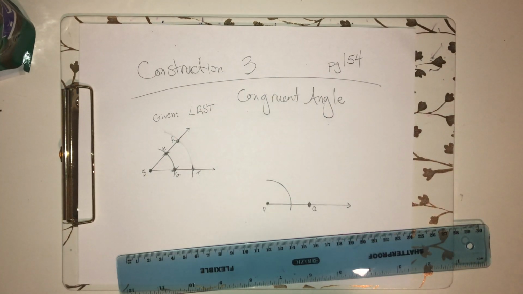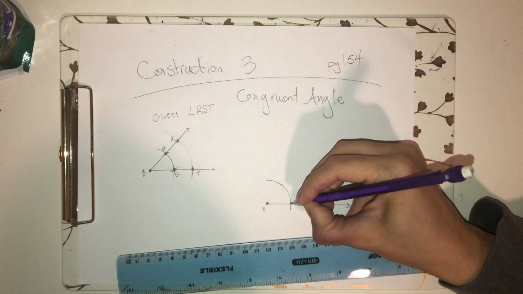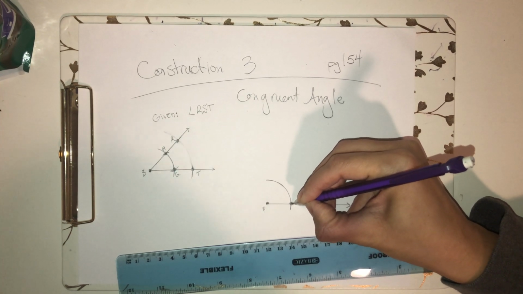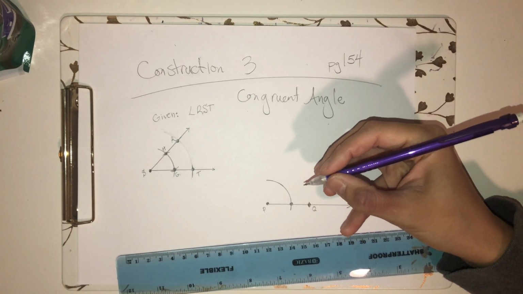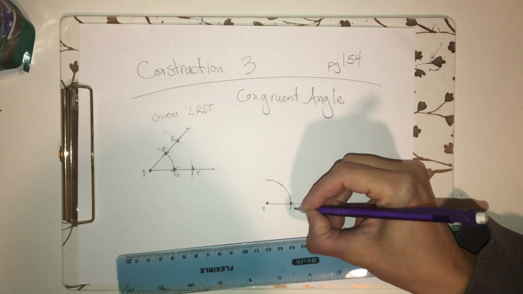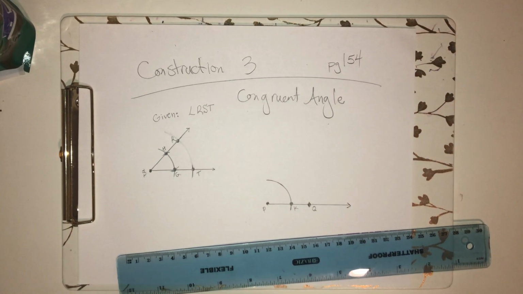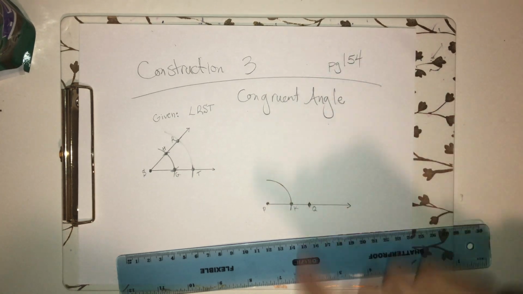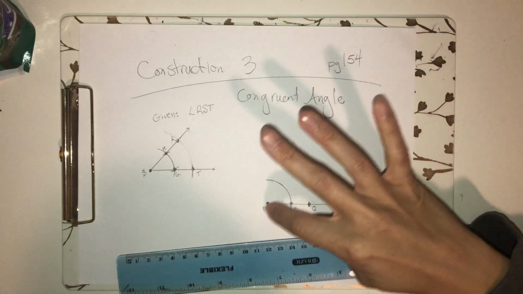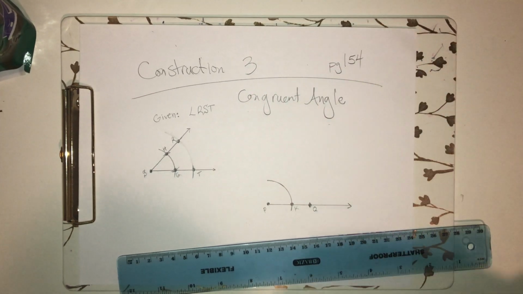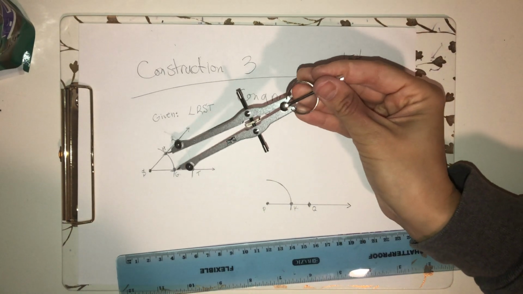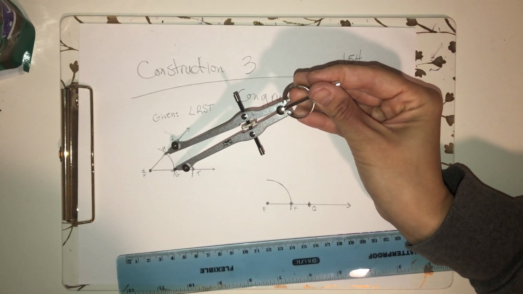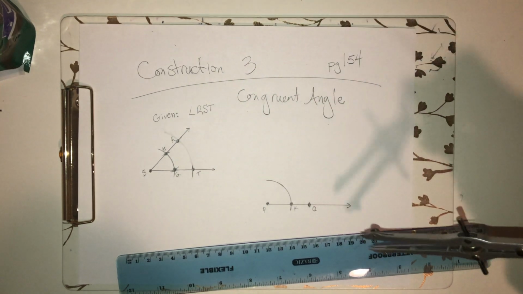So then, once you have found the distance from G to H, you want to come over to ray PQ. Oh, whoops. And I forgot to name this right here. They call it K, which is just an intermediate point to get us to be able to know where to draw the ray for the other half of this angle. And this distance from G to H that we captured here with our compass, that's going to help us get there.